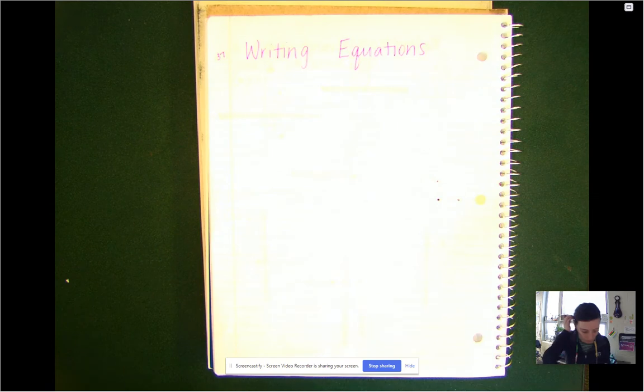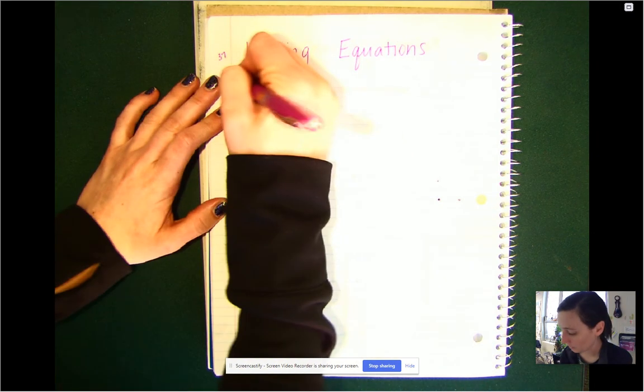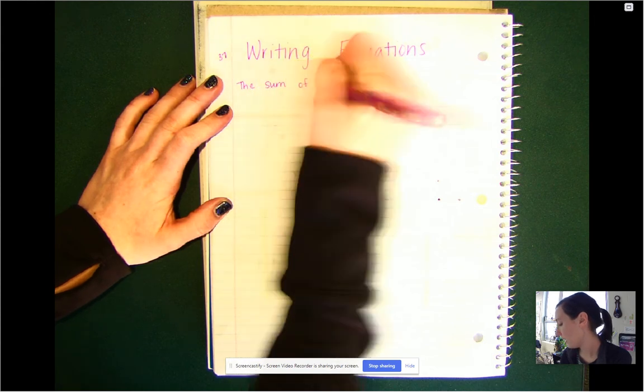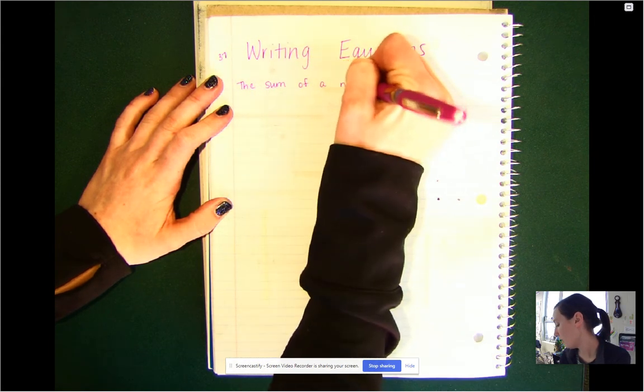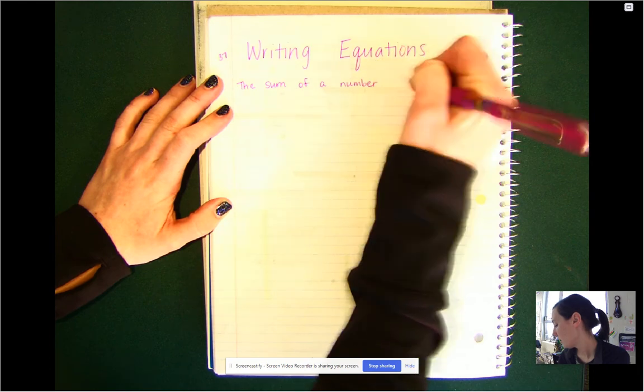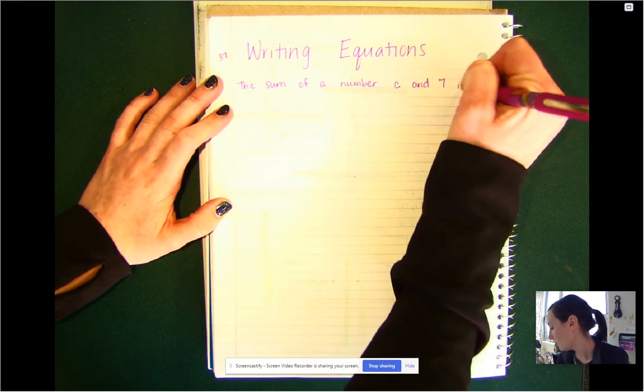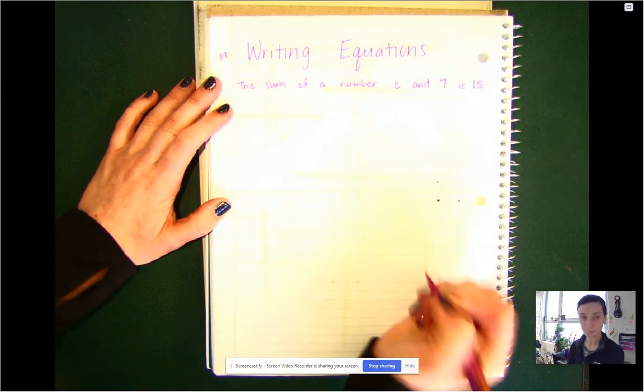Okay, so writing an equation, let's say we have something that says the sum of a number C and 7 is 15.